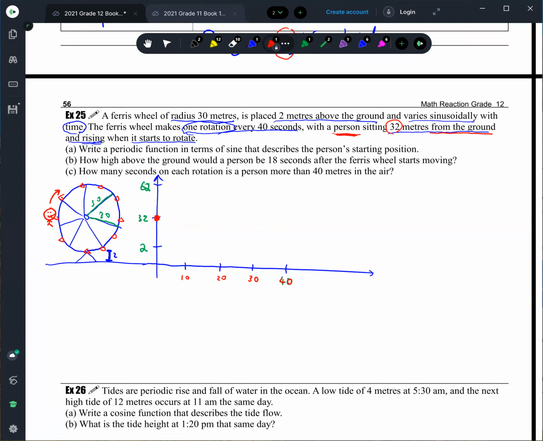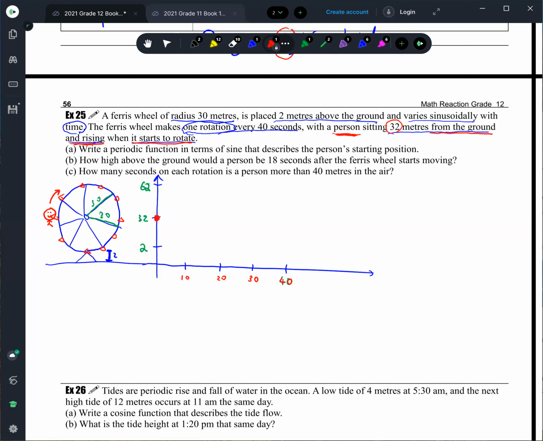Then it starts to rotate and rise, meaning go up. So your starting point has to be 32 because that's what the question tells you. You won't start at 2 or at 62.